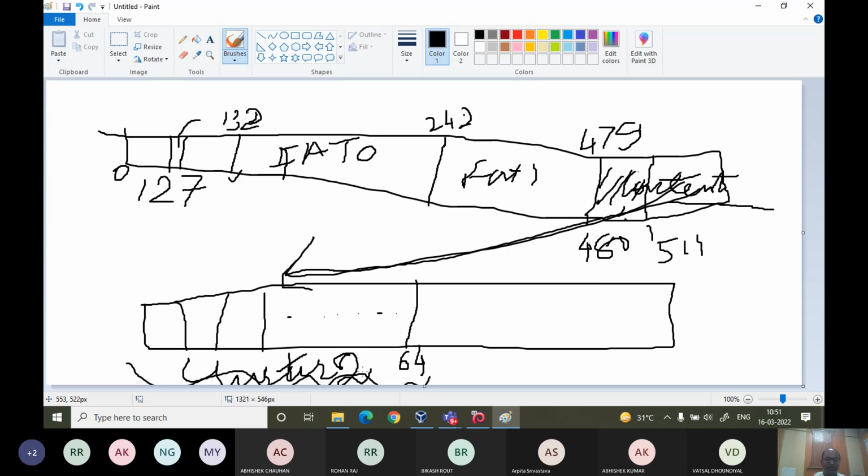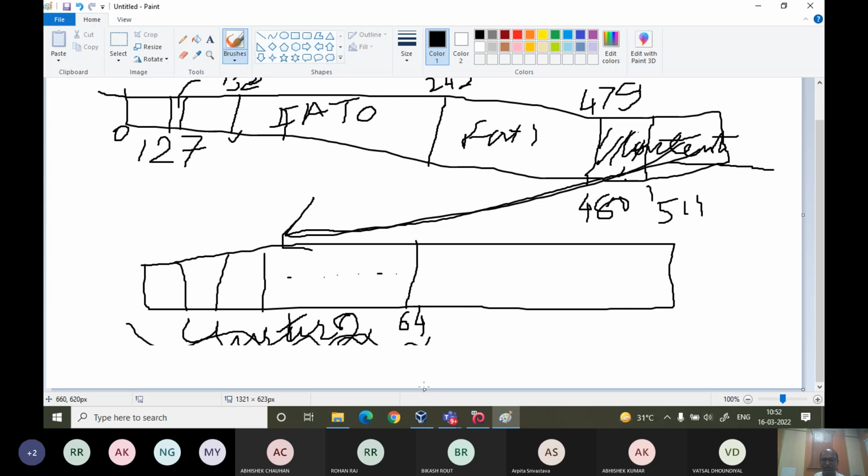FAT file system में जो पहला cluster होता है, that starts with 2. So number 2 is the first cluster. Right? समझा पा रहे हैं तुमको? Are you getting what I'm trying to say? Yes, sir.